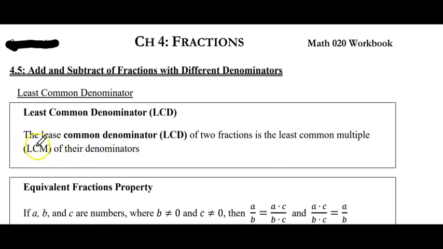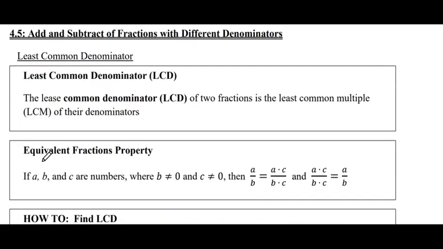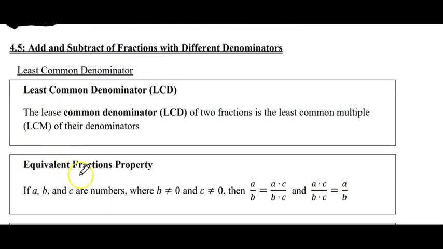We talked about the multiples of numbers in lesson 2.4. So if you need a quick review on the concept, you should watch the lesson 2.4 video or go back to your workbook in lesson 2.4 and double check that you remember those concepts. We also talked about the equivalent fractions property, meaning that two fractions are equal to each other if their numerators and denominators are multiplied by the same number.